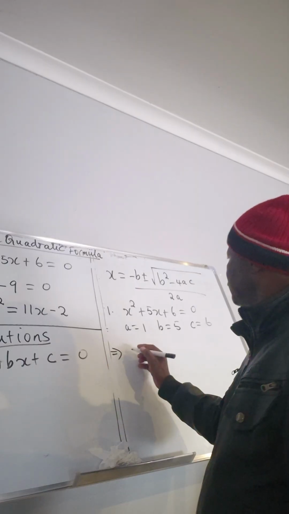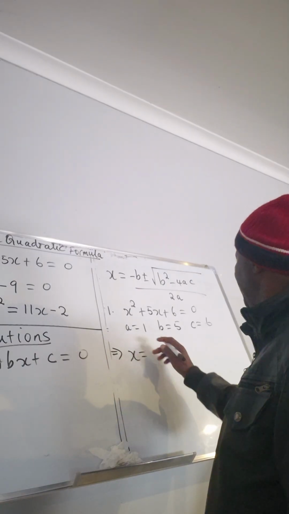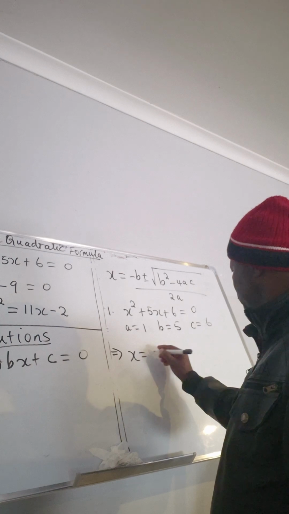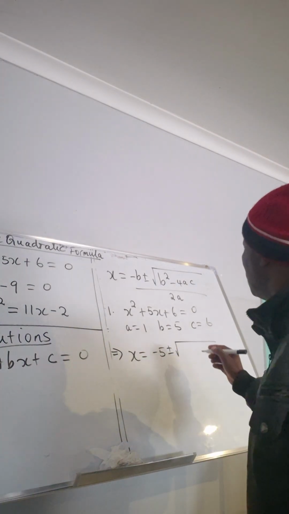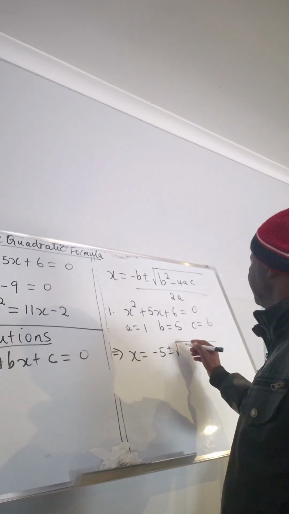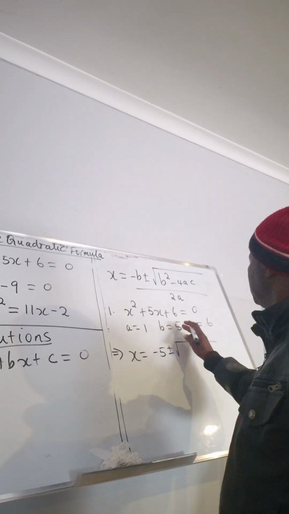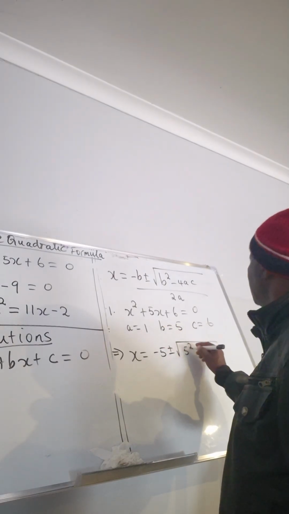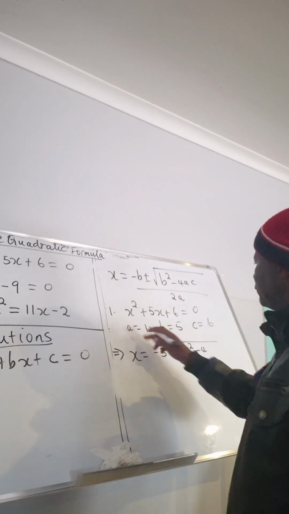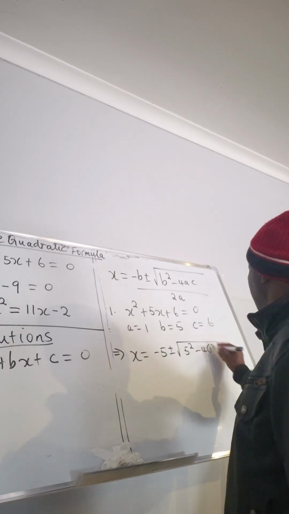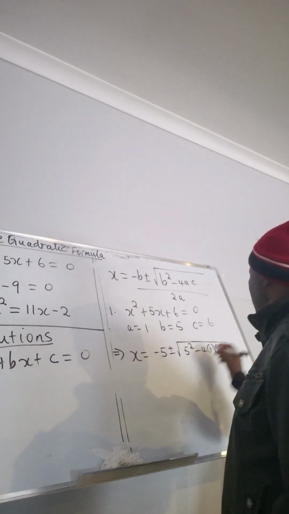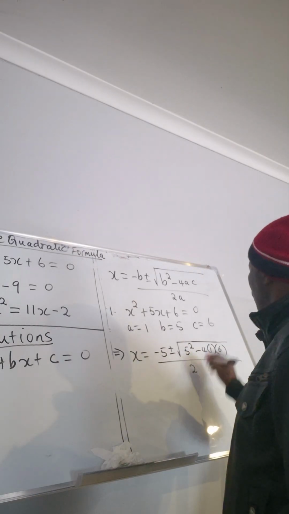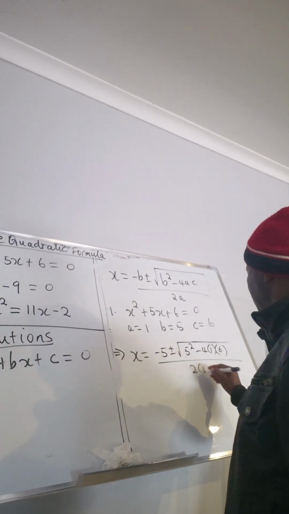So this implies our x must be equal to minus b. b is 5, so it's minus 5 plus or minus the square root of b squared, which is 5 squared, minus 4 times a, which is 1, then c is 6. All this must be over 2a, 2 times 1.